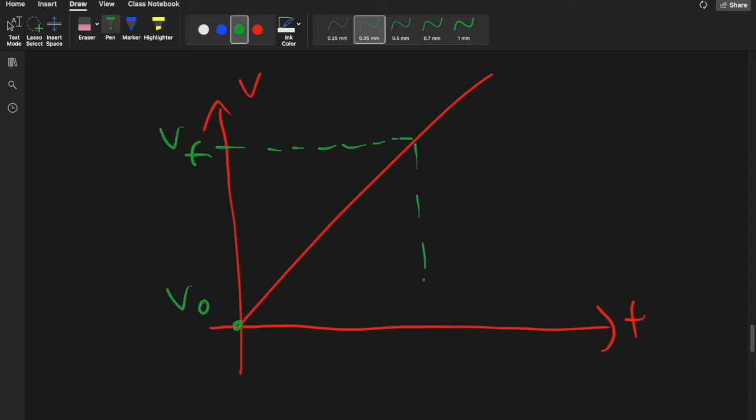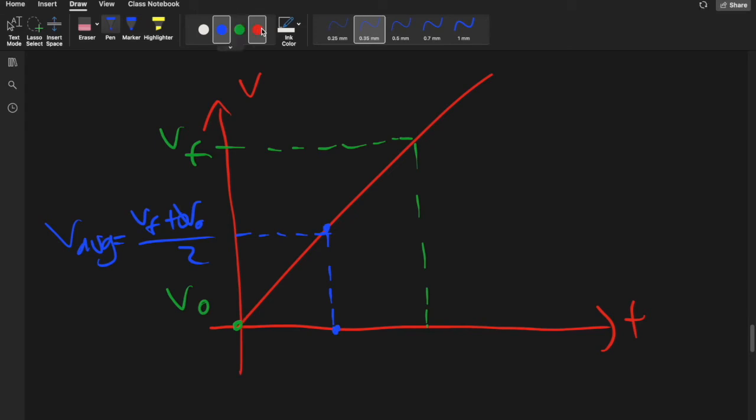So here is our triangle, and our average velocity is here. Right, and time is here.